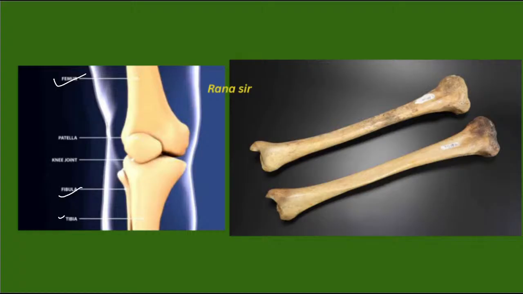The tibia is just like the front of your leg. This bone is the tibia, then the femur, patella, and knee joint.